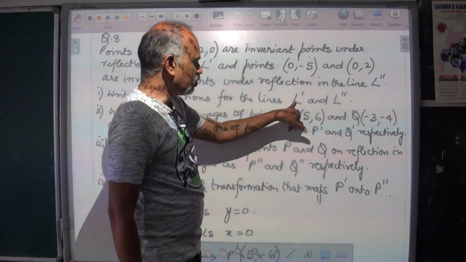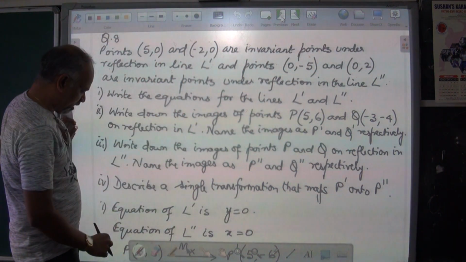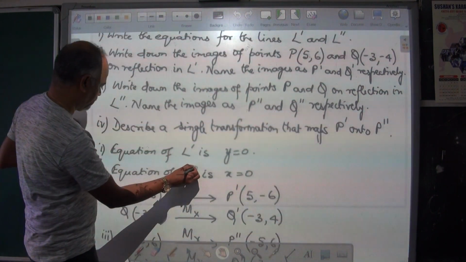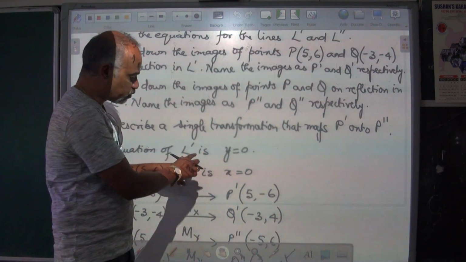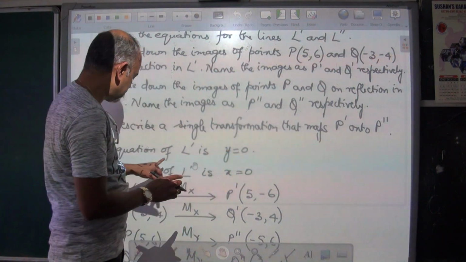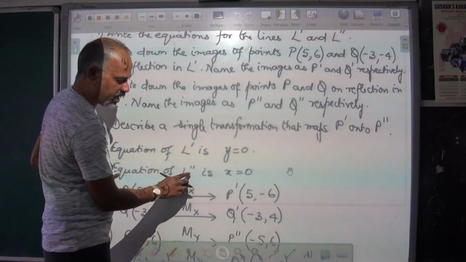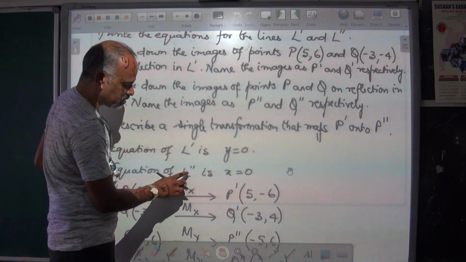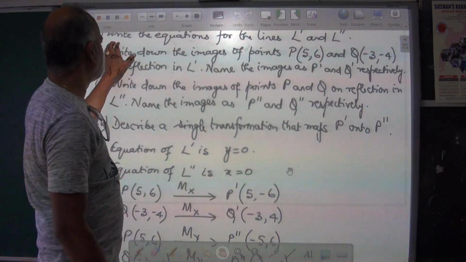You know that L dash is the x-axis, therefore the answer for question 1: equation of L dash, which is actually the x-axis, is y is equal to 0. And equation of L double dash, the y-axis, is x is equal to 0. That's the first question.